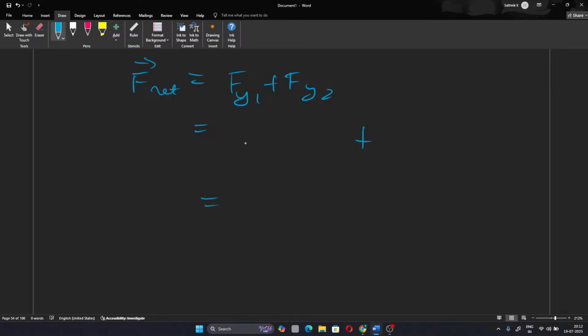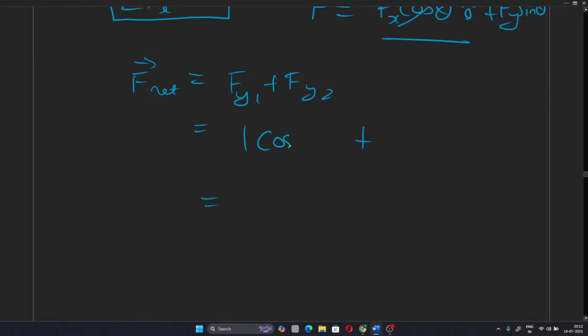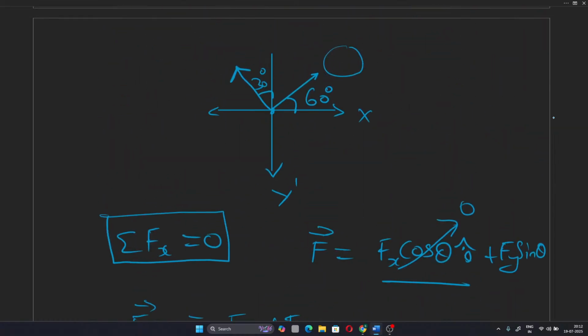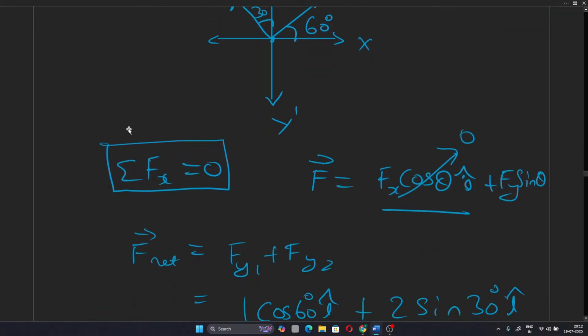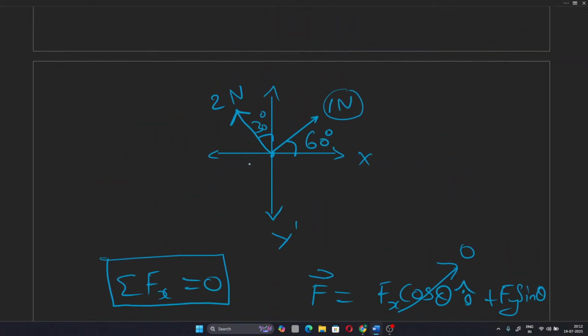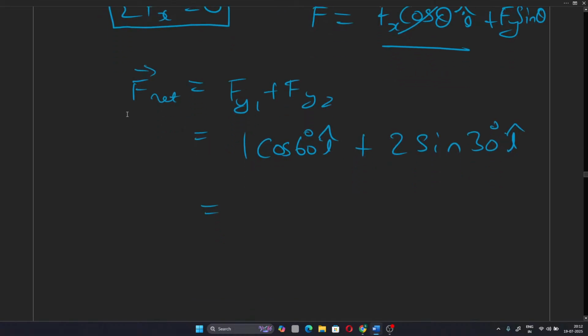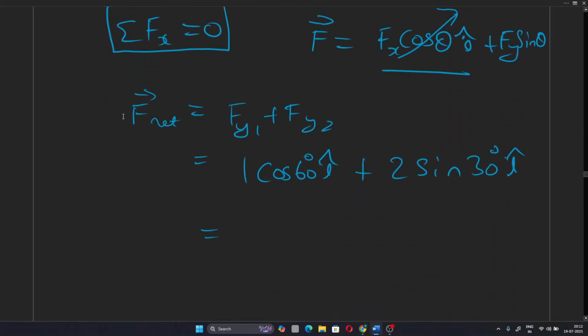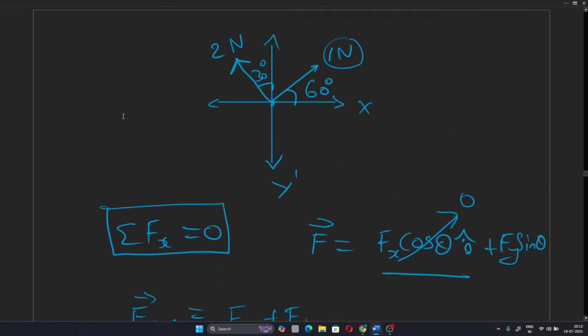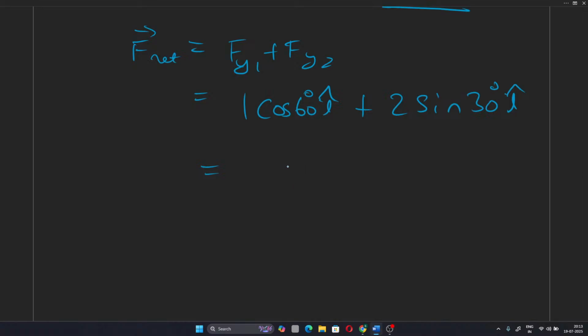We should take it as 1 Newton cos 60 degree i cap plus 2 sine 30 degree i cap. Here we take 30 degree. Okay.